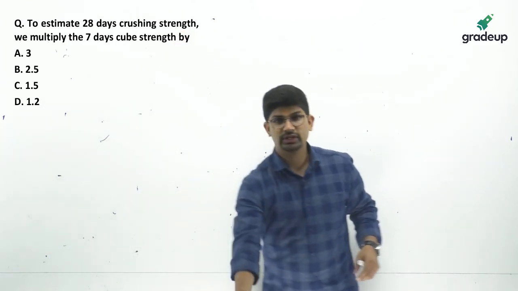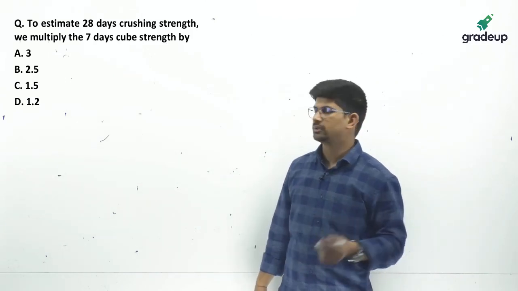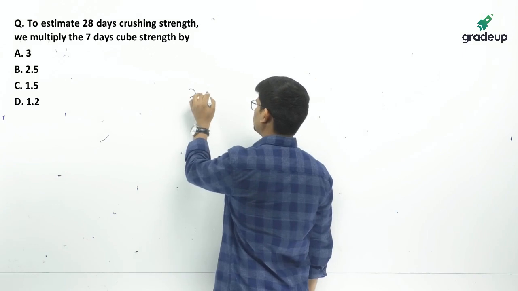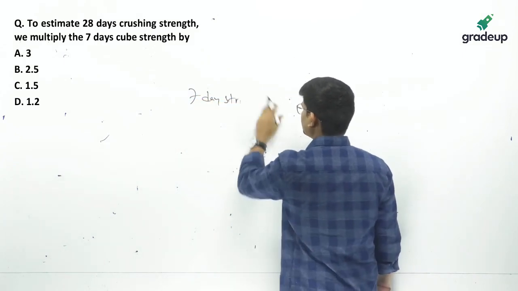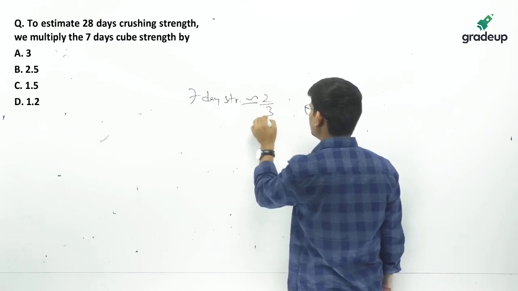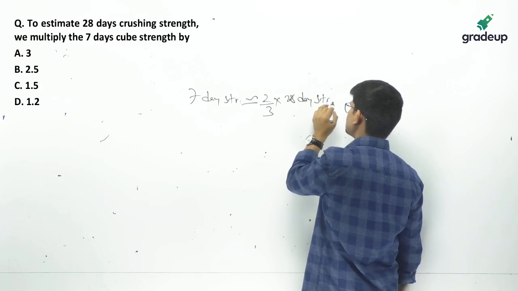This also I have told you in the lecture itself. To estimate 28 days crushing strength, we multiply the 7-day cube strength by. I have told you that 7 day strength is approximately about 2 by 3 times of 28 days strength.